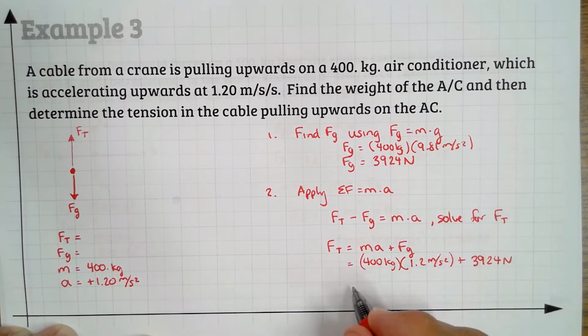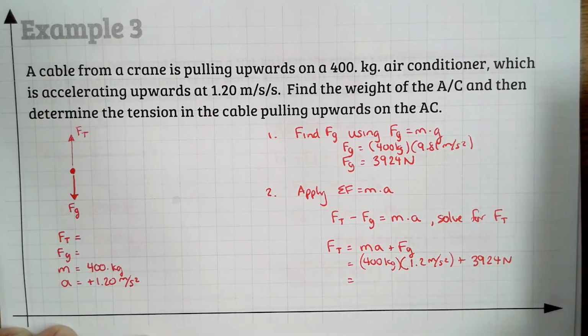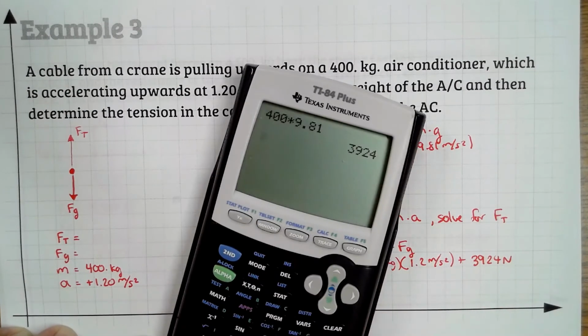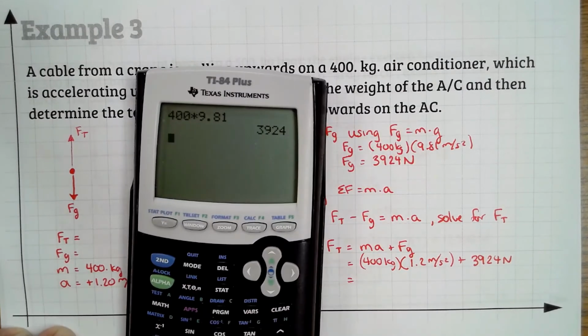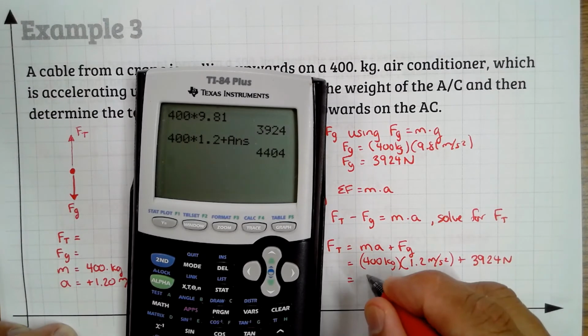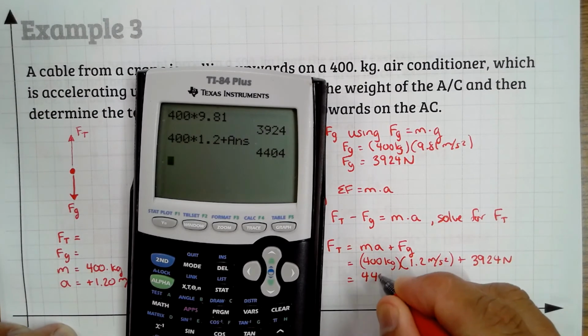And then, on my calculator, I'm going to take the 400 times 1.2 plus, and then if you have a calculator that stores your answers, you can just add your previous answer. So you don't need to type that back in again and risk making a mistake. So there we go, 4,404. So 4,404 newtons is the tension in the cable.